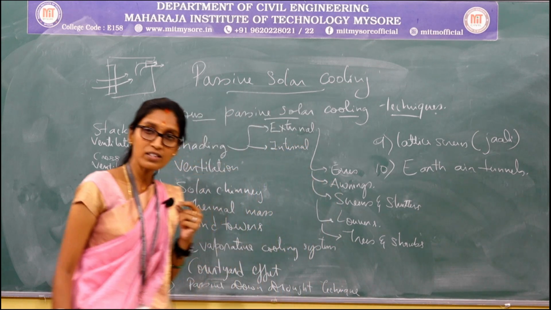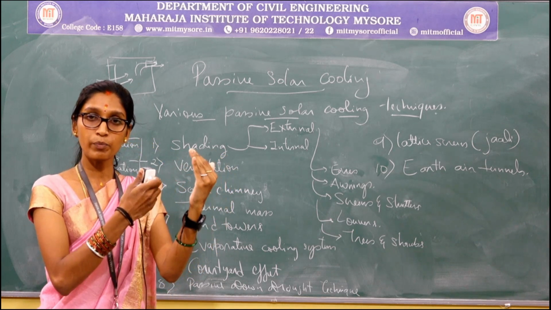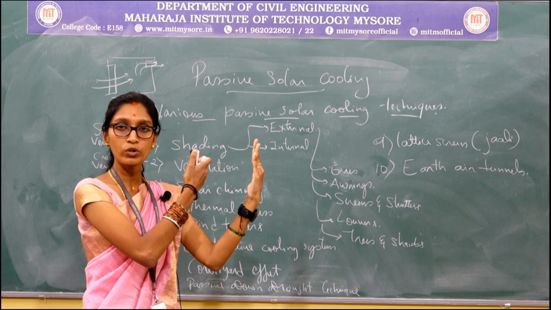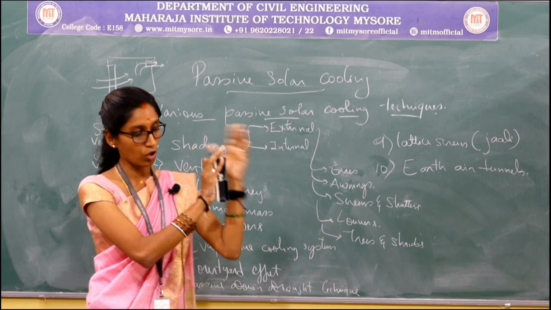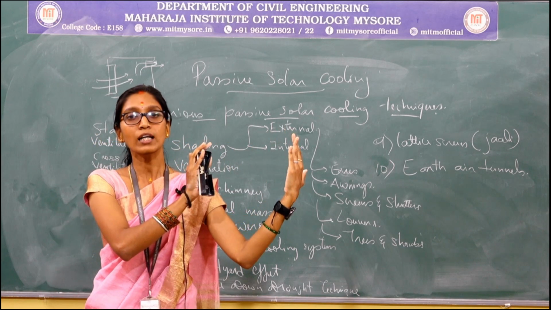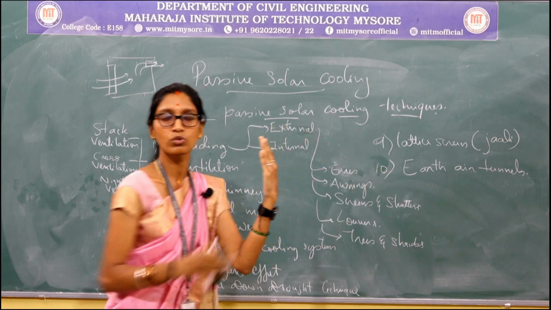Okay. So in this case, the openings provided in a building face both directions. In one direction the opening is placed in order to get the air inside the building, and on the other end the air will be moving out or rushed out. Okay.